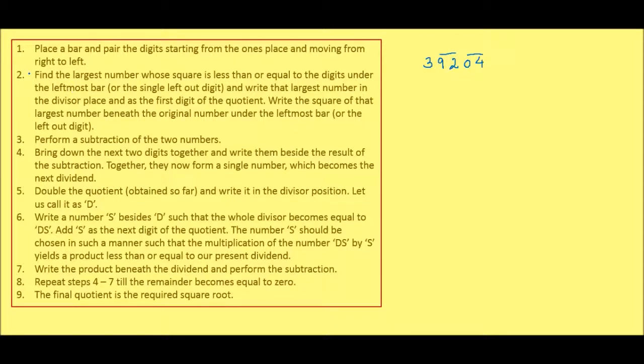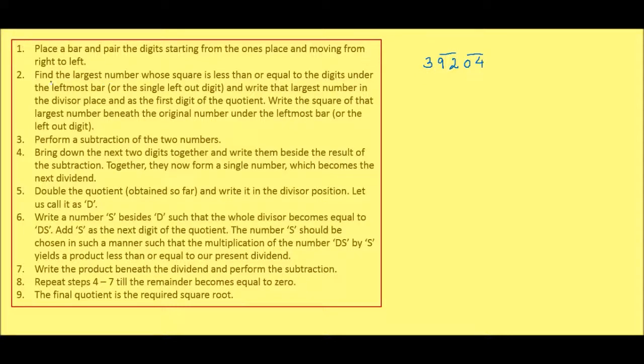Now rule number 2 is: find the largest number whose square is less than or equal to the digits under the leftmost bar or the single left out digit. The single left out digit in this case is 3.